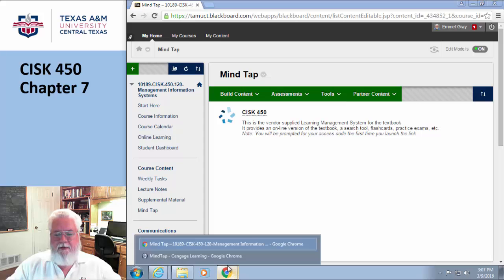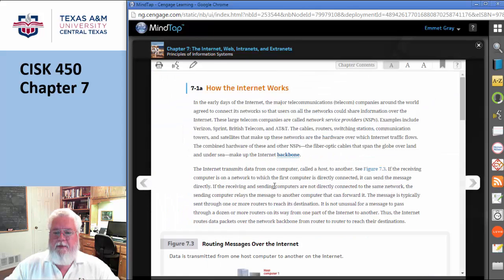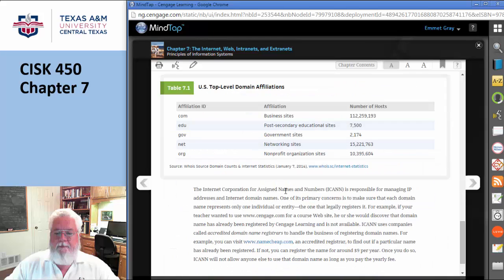Okay, so back to where we were. Let's continue. There's a thing in here talking about those upper level domains. This is called a top level domain, and you've heard of these: .com, .edu, .gov, those kinds of things.